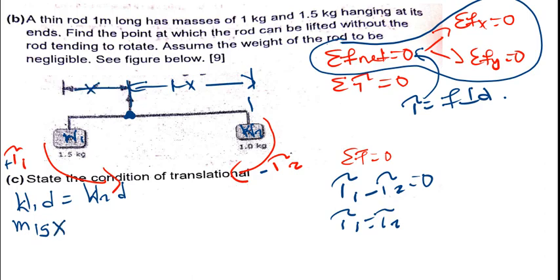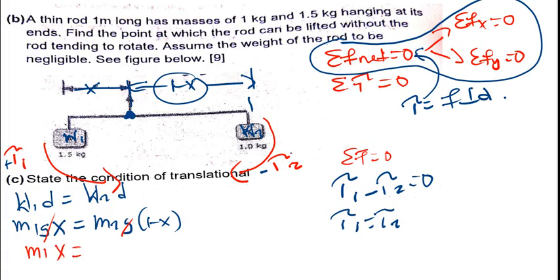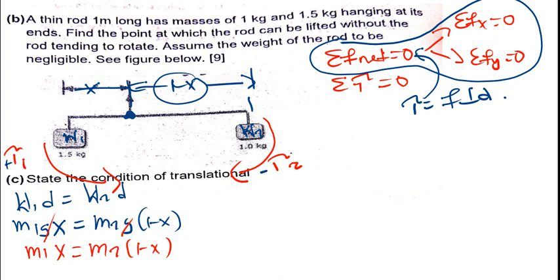So we have x should be equal to M2 times G, then the distance is 1 minus x. Now we have masses, but we can cancel G. We have G on both sides. So we can say that M1 times x will be equal to M2 times (1 minus x). We plug in the values.